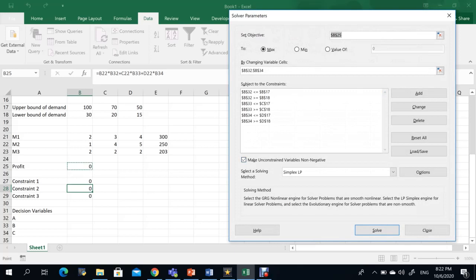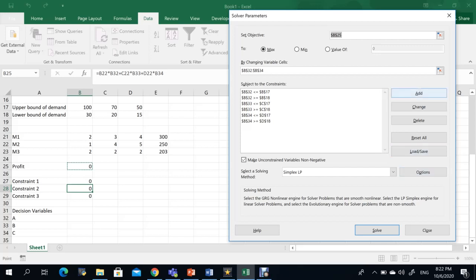Yeah, for B, less than C17, higher than C18. For product C should be less than cell D17, or higher or equal to D18.